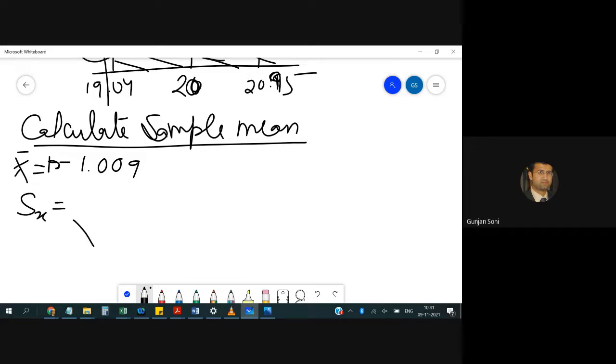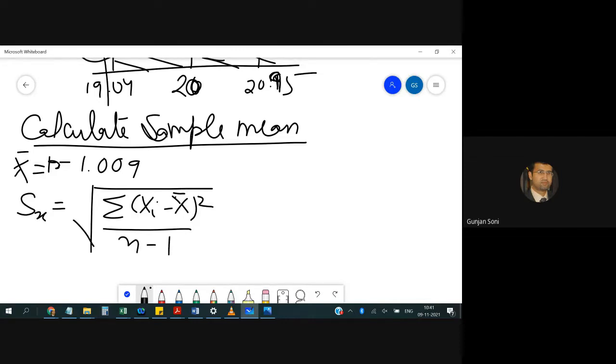So the formula for calculating Sx is summation xi minus x bar whole square divided by n minus 1. So this is the formula for calculating Sx. Quickly calculate the value of Sx. How do I expand it? I'll just give you an example of that.